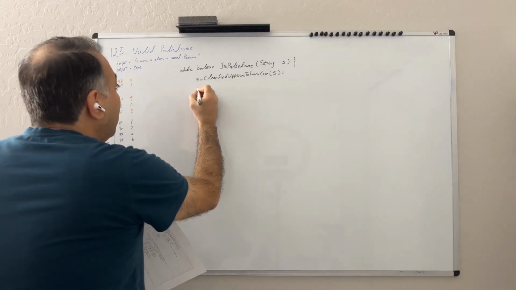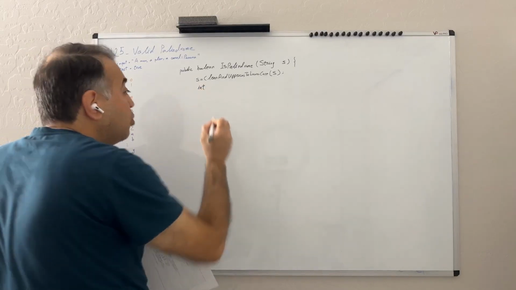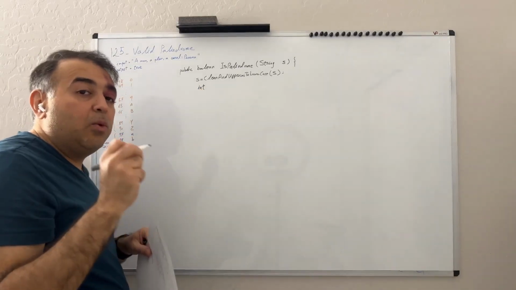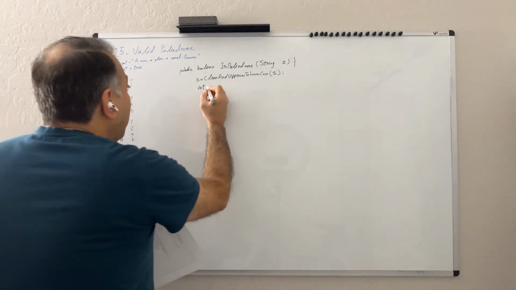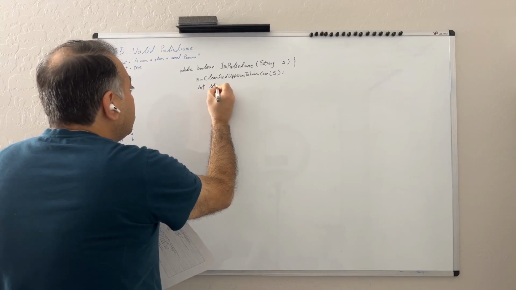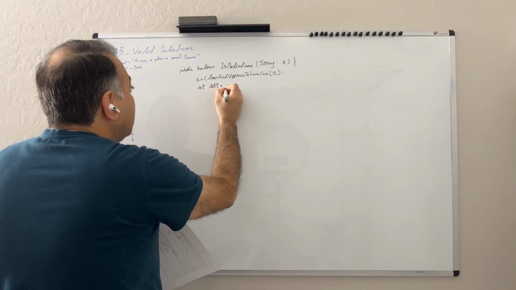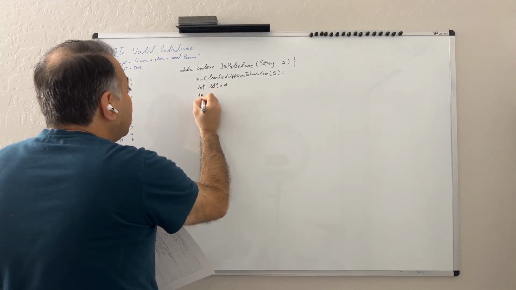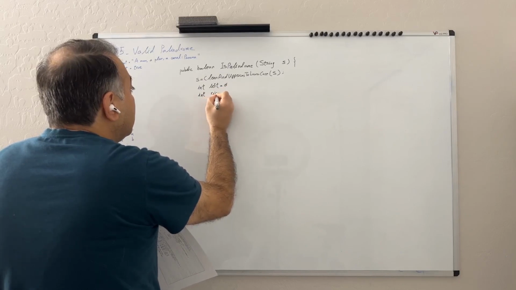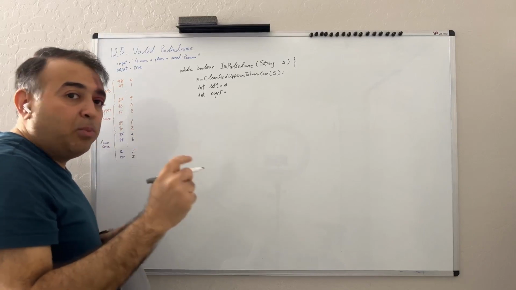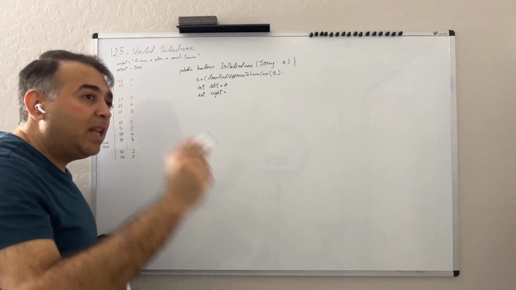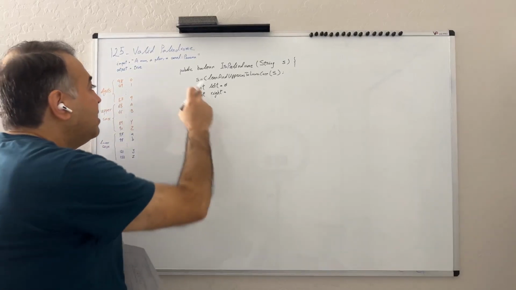Then as you see, we had two pointers. One of them works from the left, one of them works from the right. So I need to define the two pointers, left and then right. The right pointer is the pointer that points to the last character of the cleaned string.